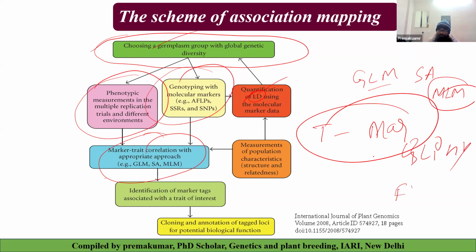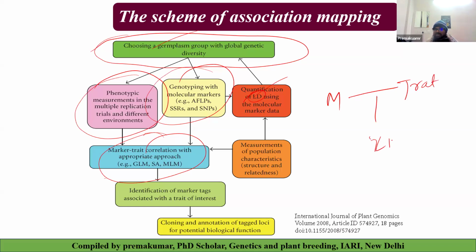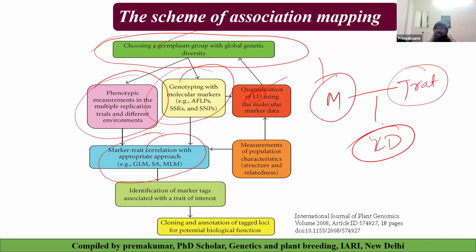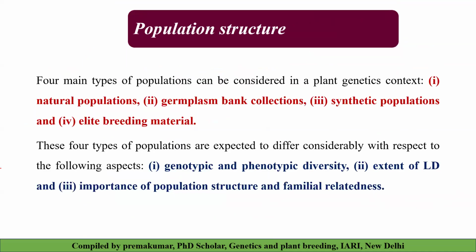There are several models; I'm not going to discuss them today. You genotype the individuals with markers, you phenotype, you combine these two pieces of information, estimate the LD, and finally you get markers which are linked with your trait. This is the overall association mapping protocol.